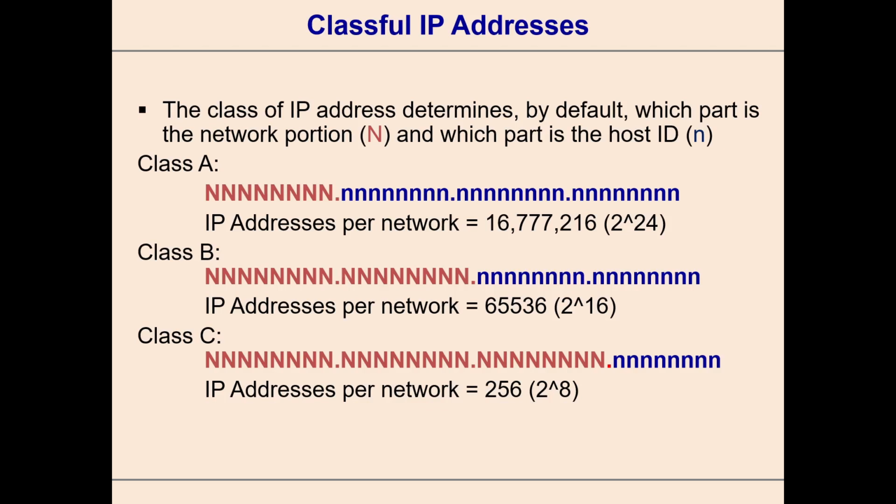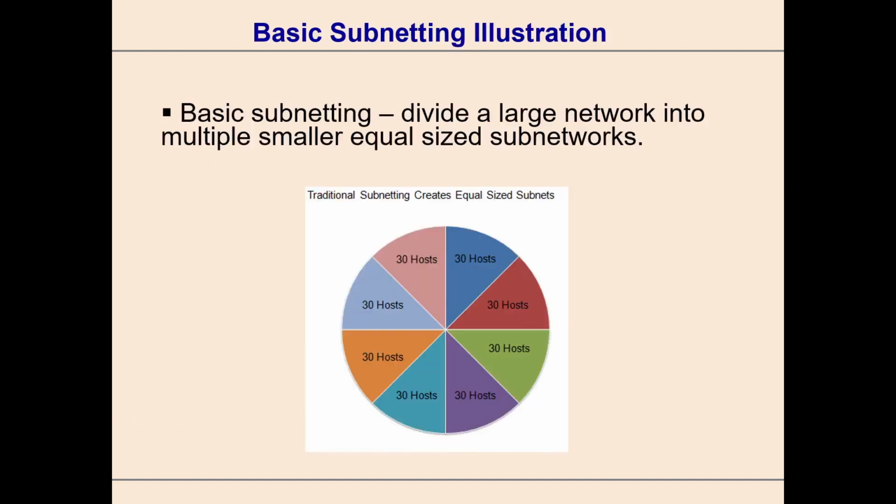In industry, we actually use classless addressing. We can create the network size as we need. Subnetting is like dividing a pizza. You've got a network that may be too big, like a Class C that has 256 IP addresses.